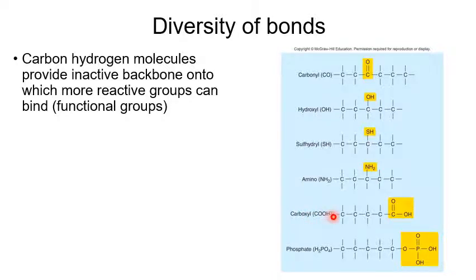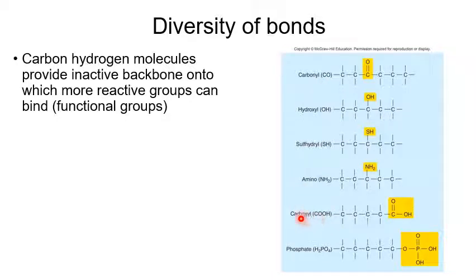Carboxyl group. This is another one. So amino, carboxyl, hydroxyl, these are probably the three important ones, and then also phosphate. We won't see sulfhydryl that much, but carbonyl we'll also see when we see ketones.